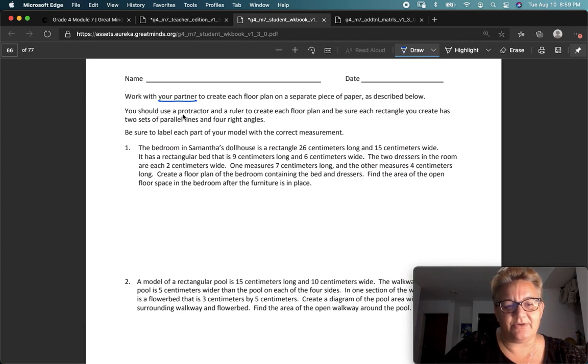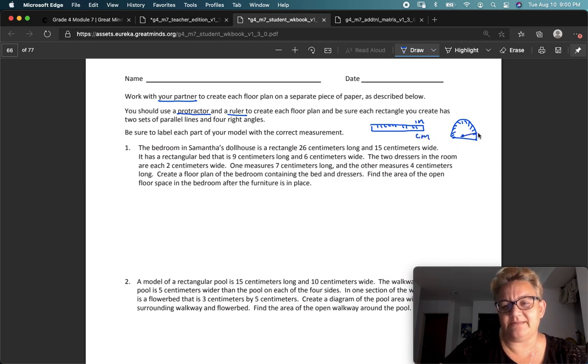Now, you should have a protractor, that was on the class list, and a ruler. A protractor looks like this, and it has numbers that go all the way around. And a ruler, of course, you know what a ruler looks like, and that should probably be in inches on one side and centimeters on the other.